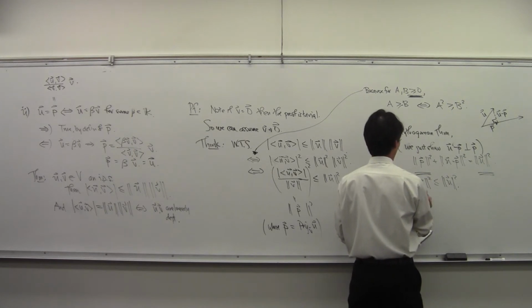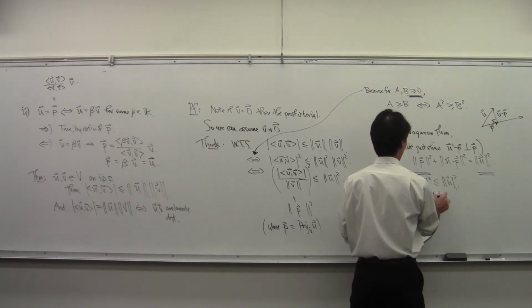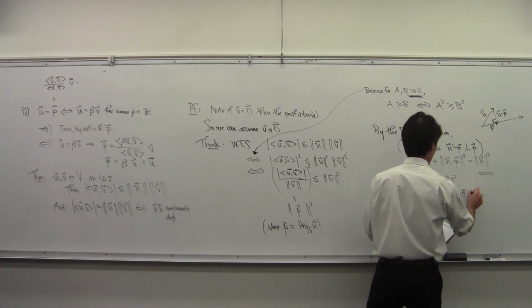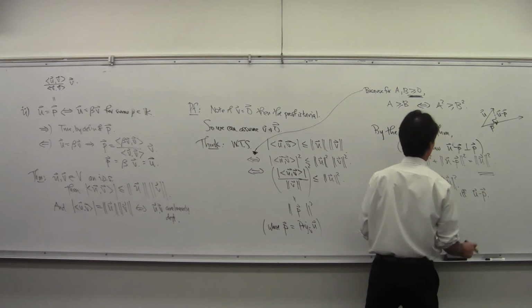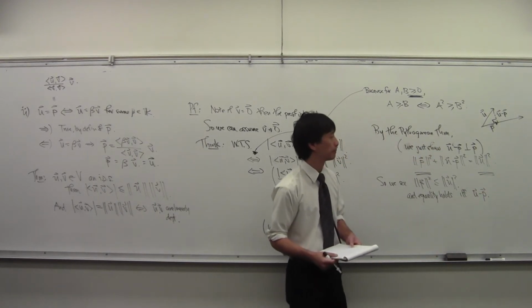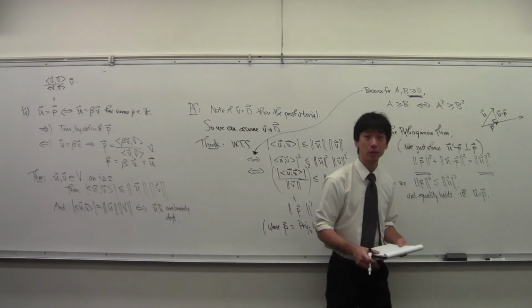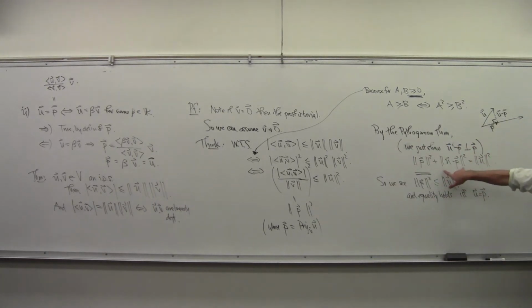equality holds if and only if U equals P. The only way that this is going to be equal to that is if this guy is 0.